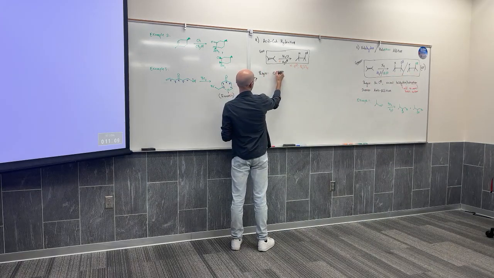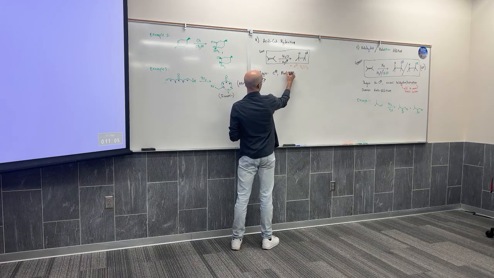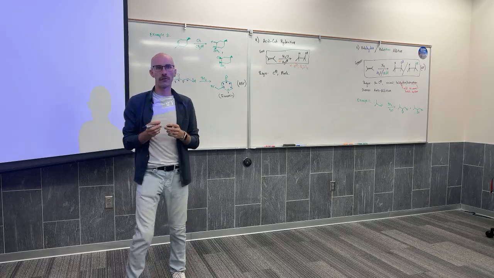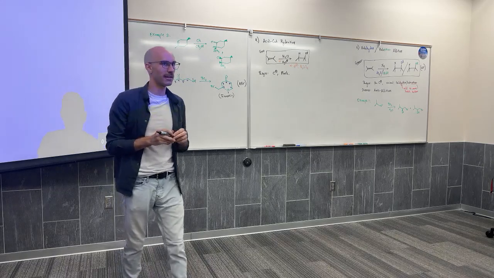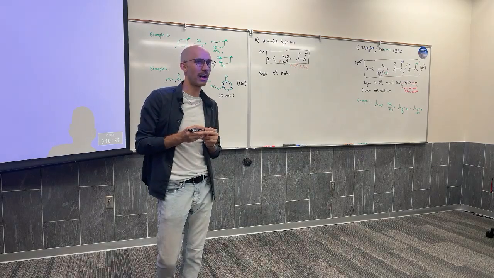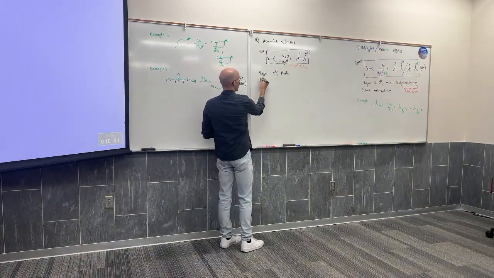The regiochemistry notes: this has a carbocation intermediate, and it follows Markovnikov addition. But to be honest, if I tell you it has a carbocation intermediate, it should be very obvious that it's Markovnikov, because that's what Markovnikov meant to say.